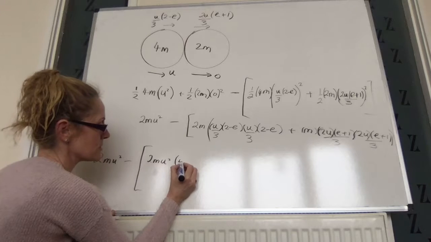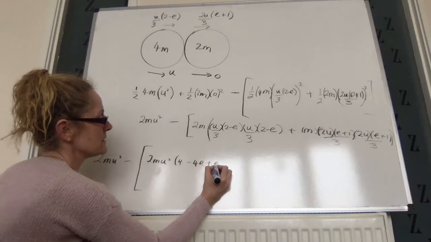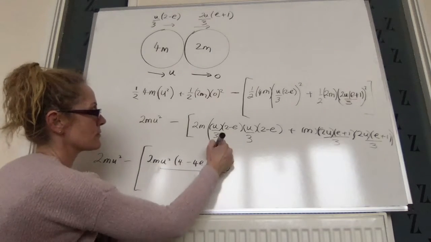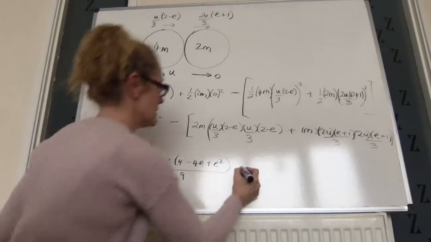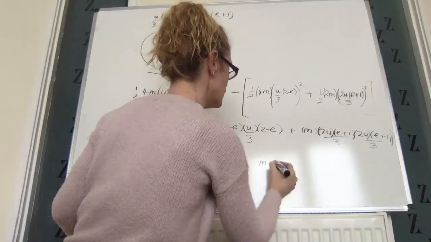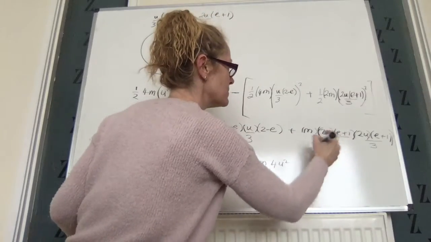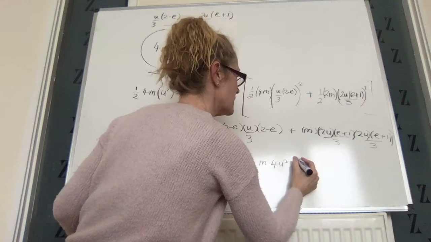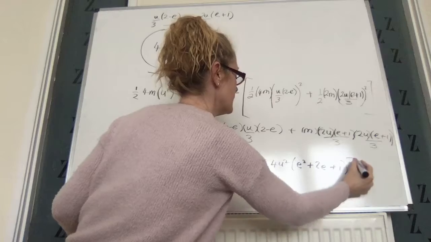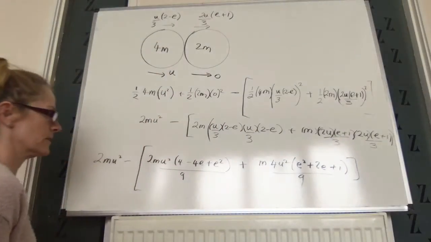That is 4 minus 4e plus e squared, over 3 by 3, which is 9, plus m. Now 2u by 2u is 4u squared, and e plus 1 by e plus 1 is e squared plus 2e plus 1, over 9.